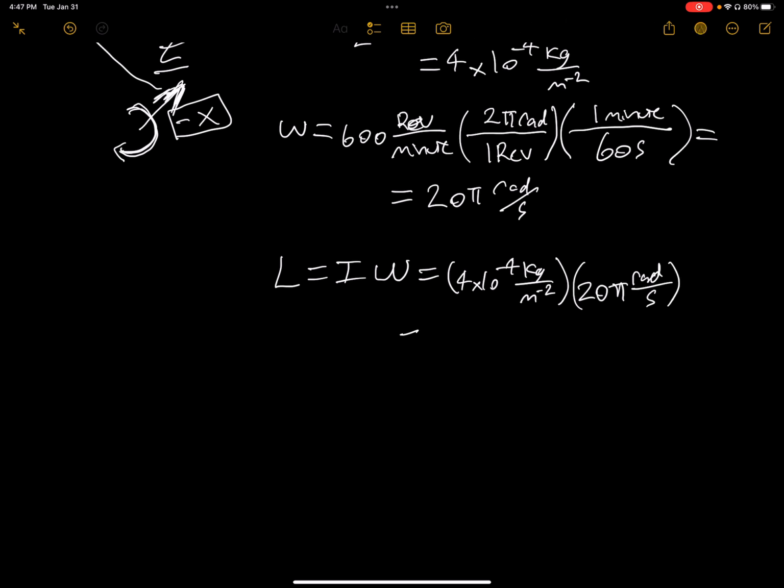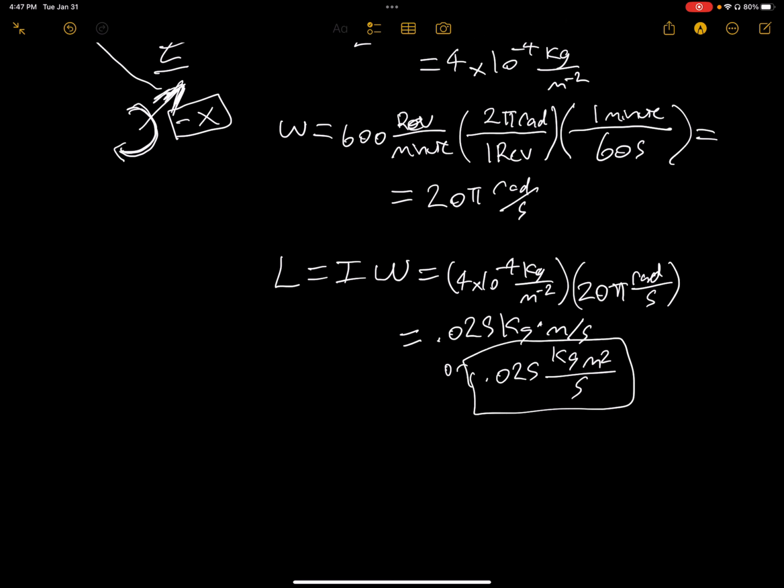What we end up getting is 0.025 kilogram meters squared per second. I don't know, that just looks cleaner to me.